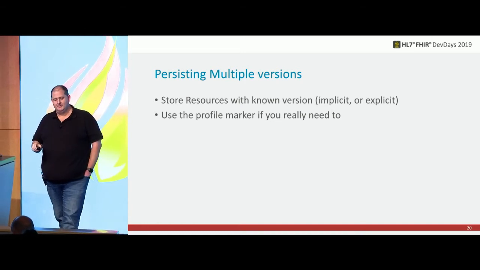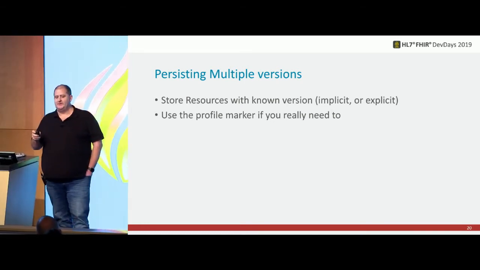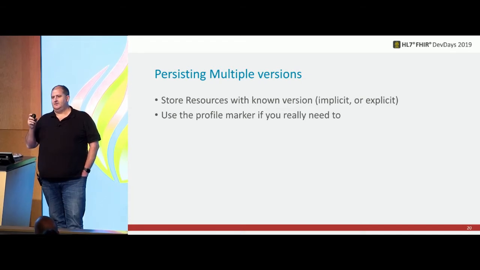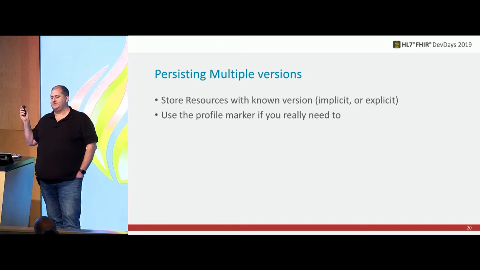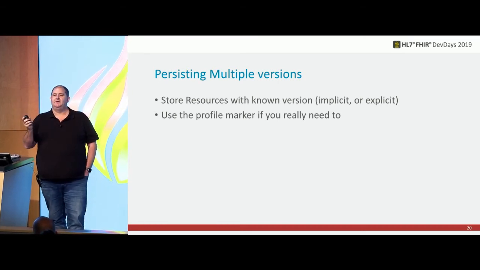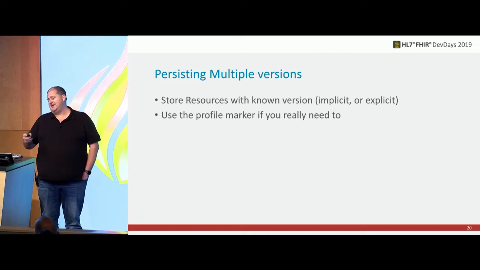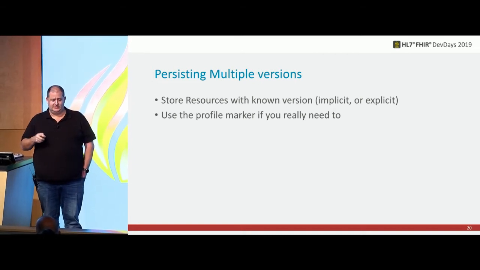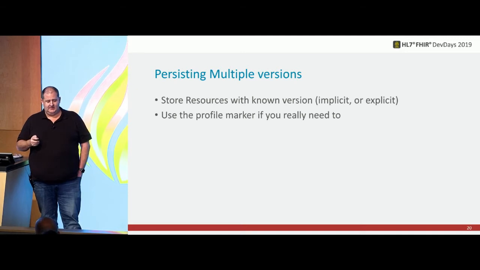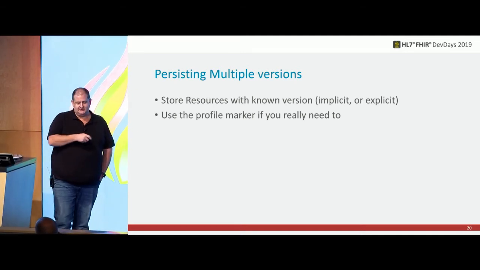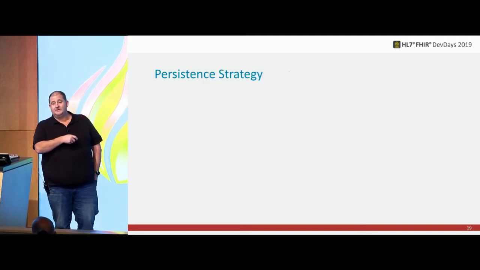So most people, if you store resources directly, then they're all the same version and it's fixed in the code and you don't need to ask version 4 or 3 or whatever. But if you're storing multiple versions, don't make it so you have to look inside the resource. Store the version explicitly. You should only use the profile marker that I showed you on the last slide if you really need to.